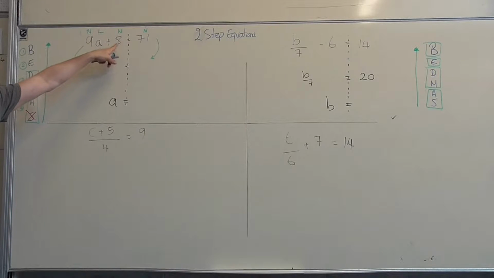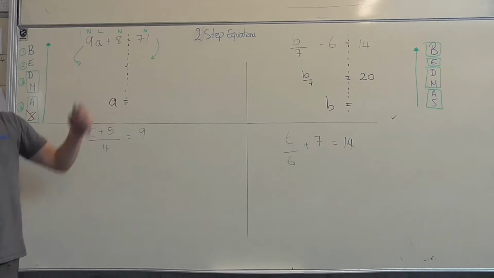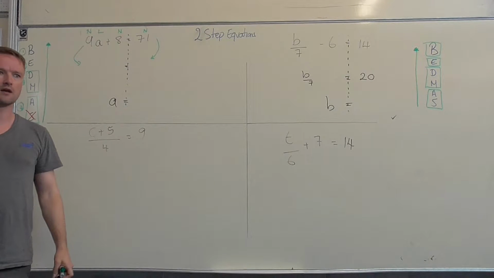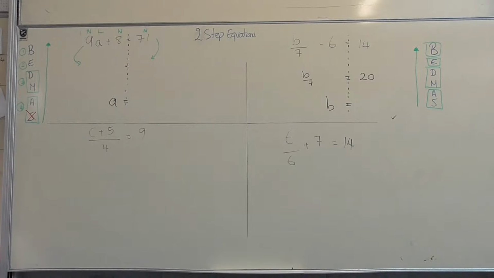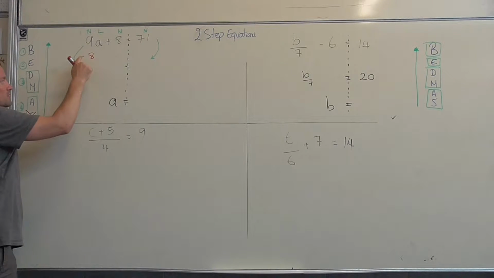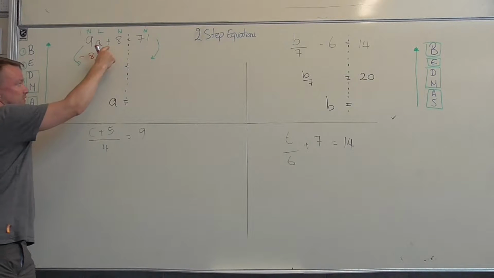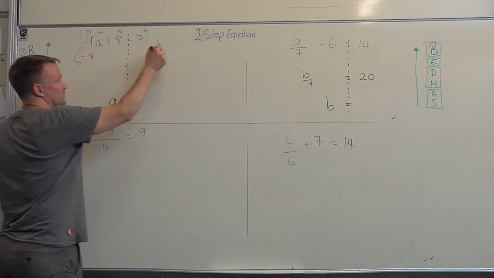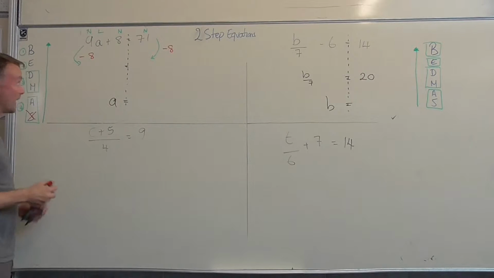Yes, plus 8 or adding 8. What's the opposite to adding 8? Because I want to remove it from this side and move it across, and when it moves, you'll see that it becomes the opposite. So to move it, I'm going to use minus 8 because subtraction is the opposite to addition. What I do to one side, I must do to the other. So I take away 8.